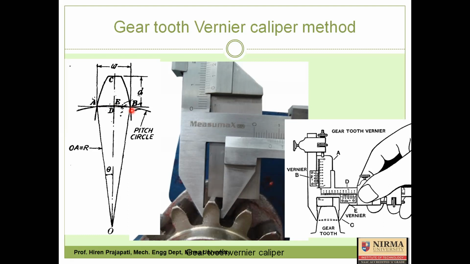And we know it is very difficult to measure arc length. So far we have only discussed instruments for linear and angular measurement. We do not have any instrument which can measure the length of an arc, and gear tooth thickness is actually the length of arc on the pitch circle cut by the involute profiles of the same gear tooth.